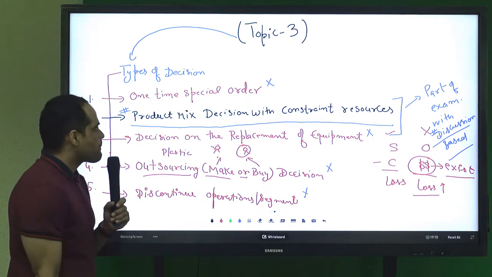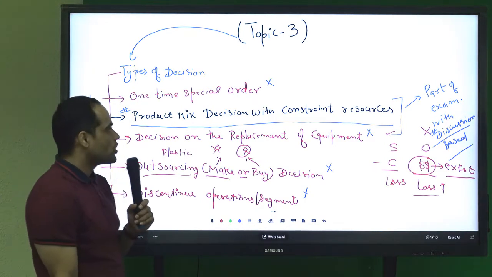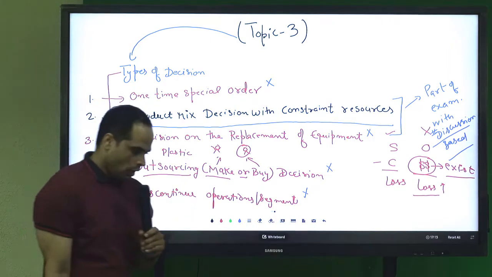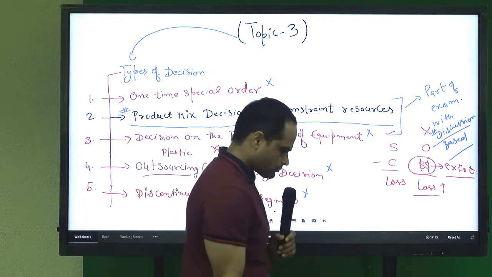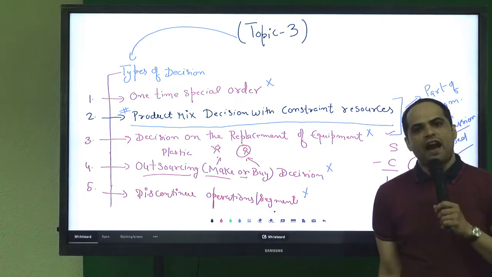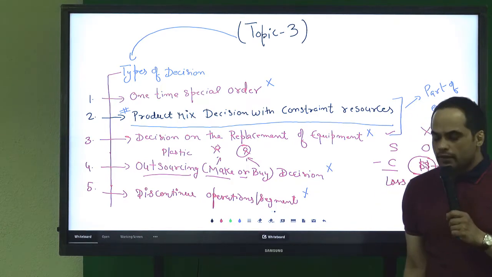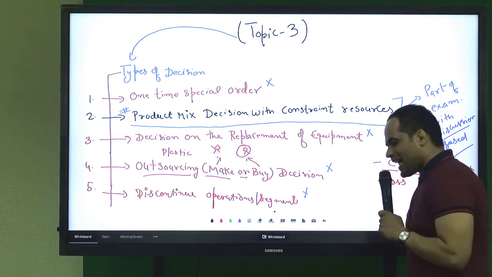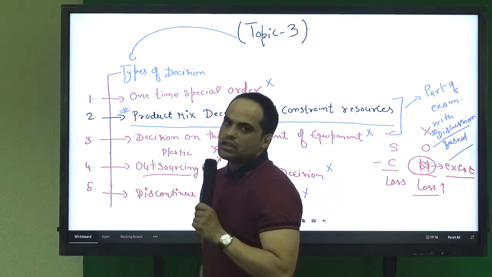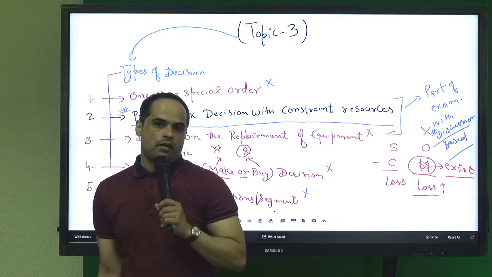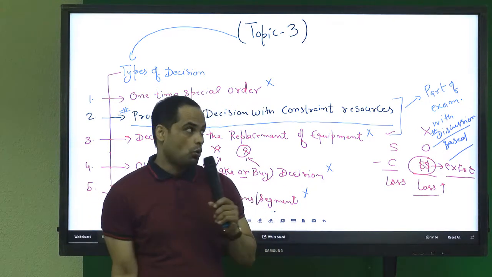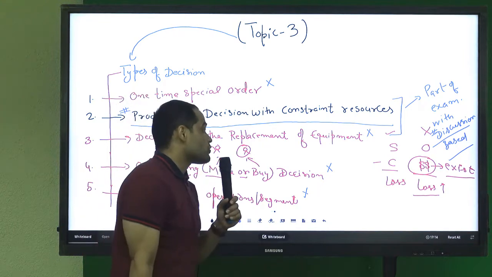Now, product mix decision with constraint resources. Now, what does it mean, constraint resources? Constraint resources means limiting factors. A limiting factor is that kind of factor that limits your resources. We call them limiting factors, or you can call it constraint resources.